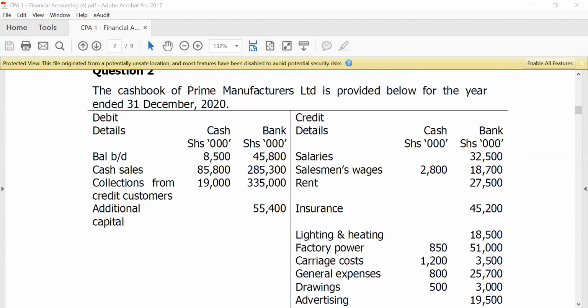What is that information that goes under the manufacturing cost statement? Because at the end of the day, you are given a lot of information, and the information you're given, you have to know which one will go to your manufacturing cost statement and which one will go to your manufacturing P&L.